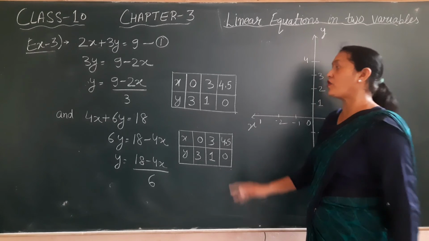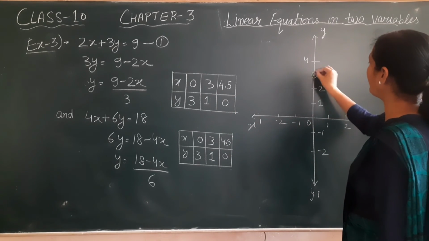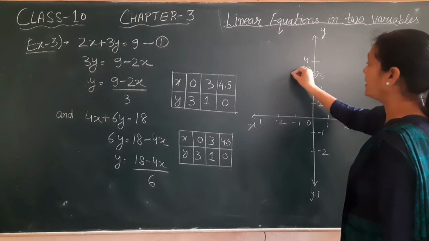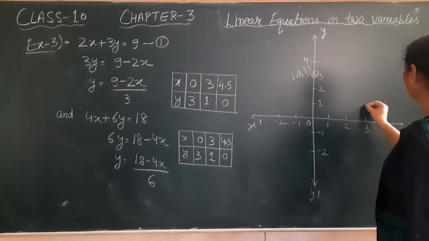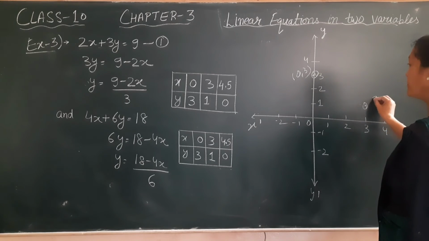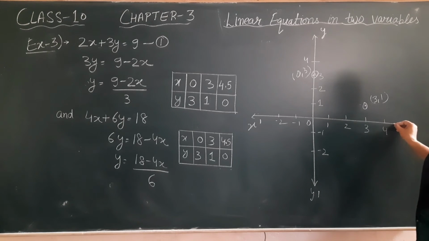That means when I draw a line for the first case, x0, y3, this will be the point 0 and 3. x3, y1. And x 4.5, y0.